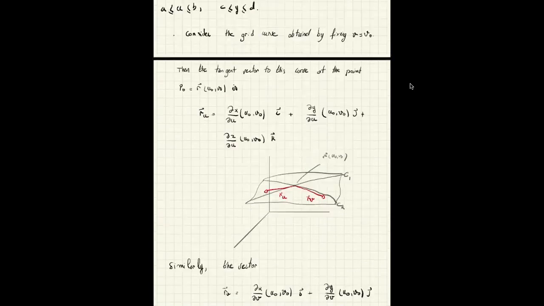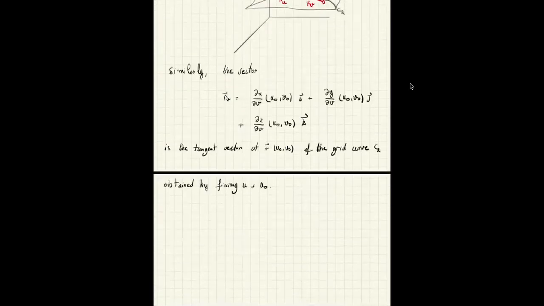So here we're fixing v equal to v0, and here we're fixing u equal to u0.